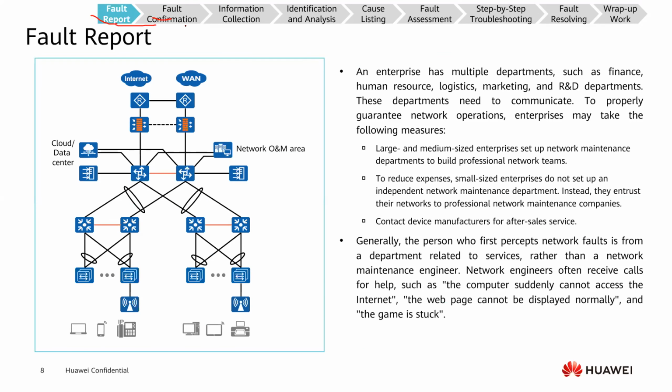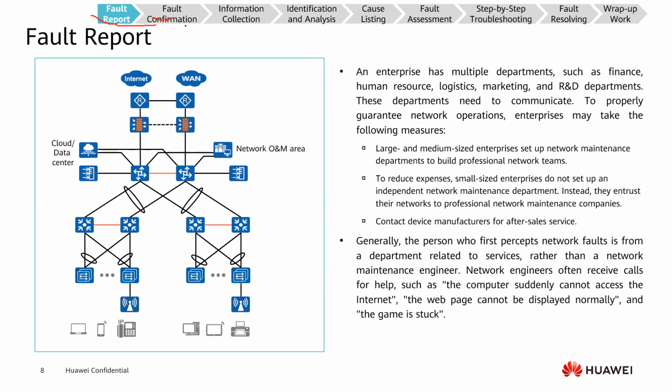It means the service department first finds the network fault. The network engineer often receives calls for help, such as people just telling you the computer can't access the internet, or the web page can't be displayed normally, and the game is stuck.